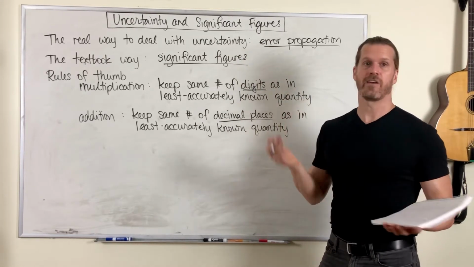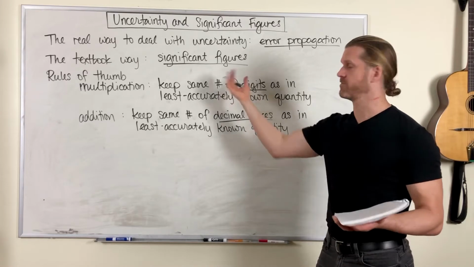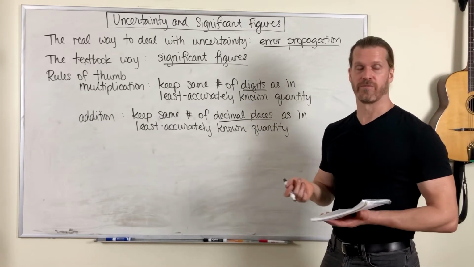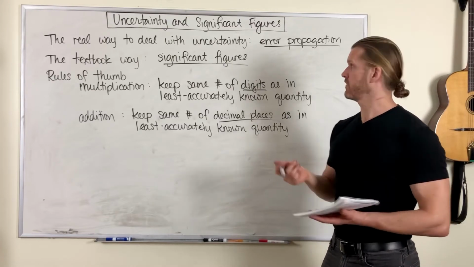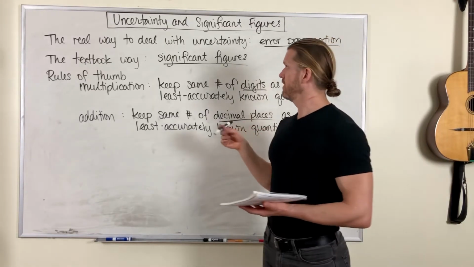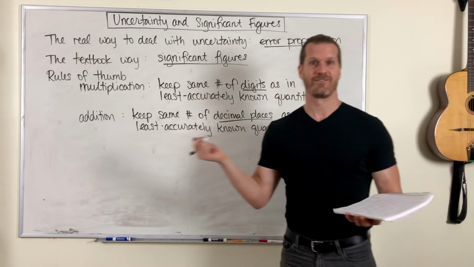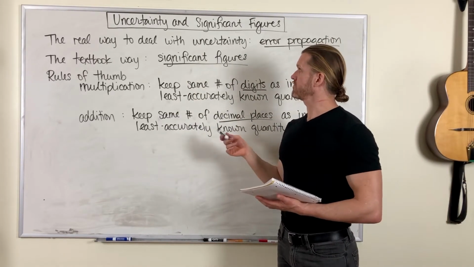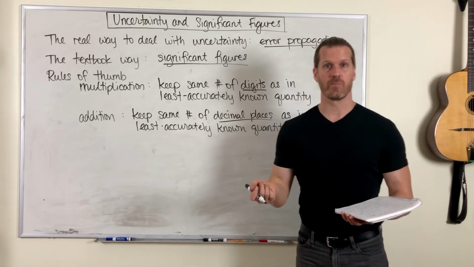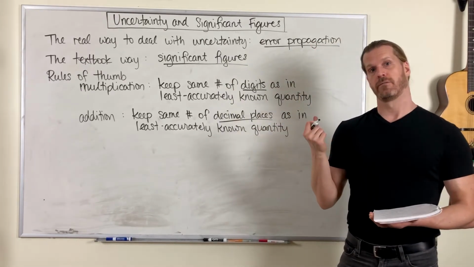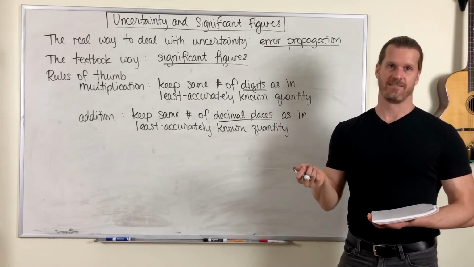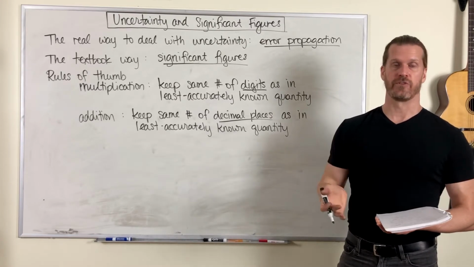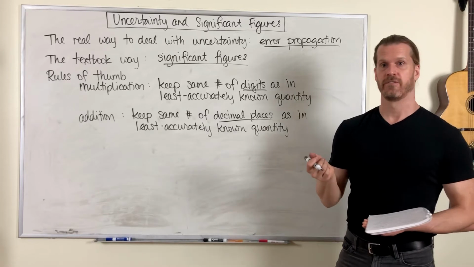In textbooks, we do this kind of shortcut way. It's ballpark, it's rule of thumb. It's pretty good. It's called significant figures. You've probably seen this if you've taken chemistry before. And the idea is that when you write down a number, the final digit on the right is the precision of your measurement device.